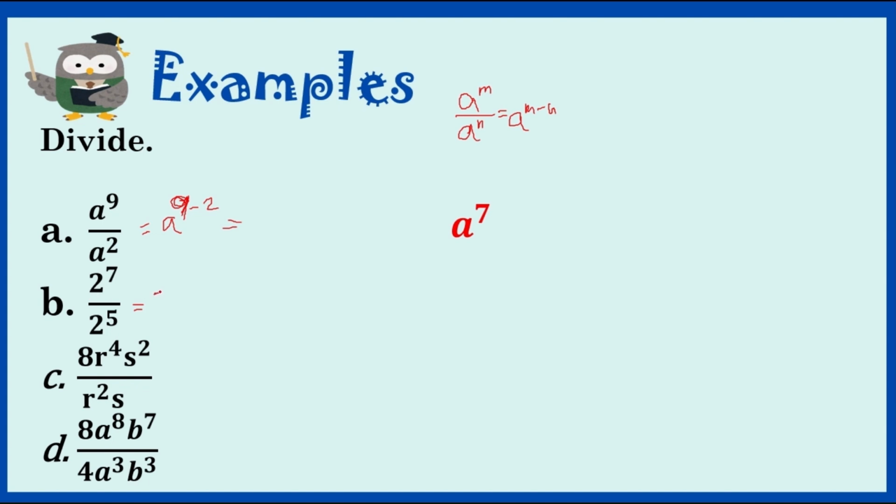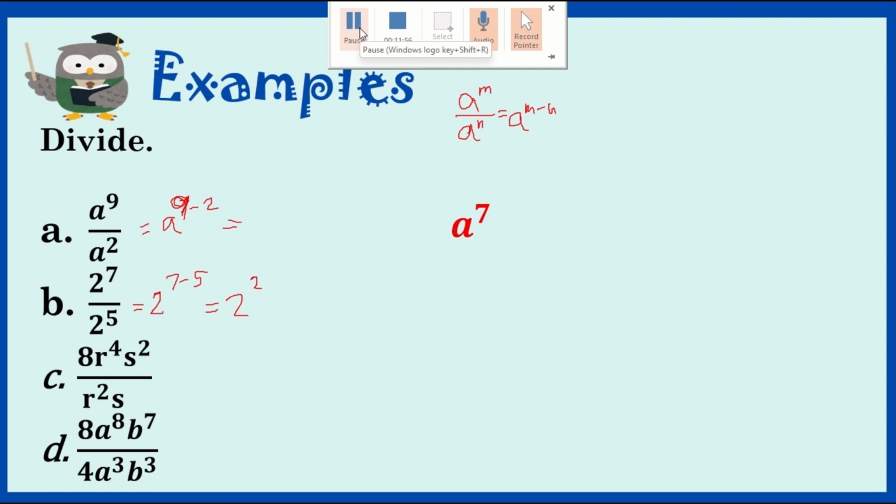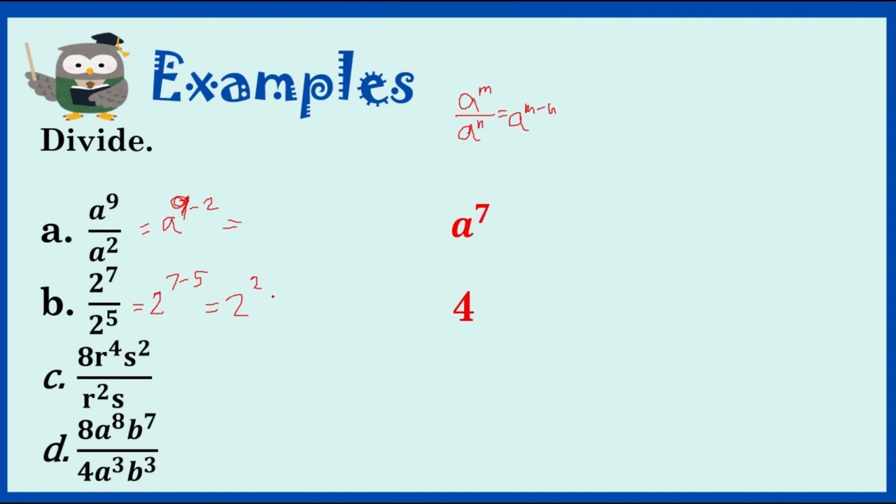You have to copy, and then subtract 7, 7 na to talaga, hindi na 9. 7 minus 5, and that is equal to 2. And therefore, magiging 2 raised to 2, and 2 raised to 2 is equal to 4. Very good.